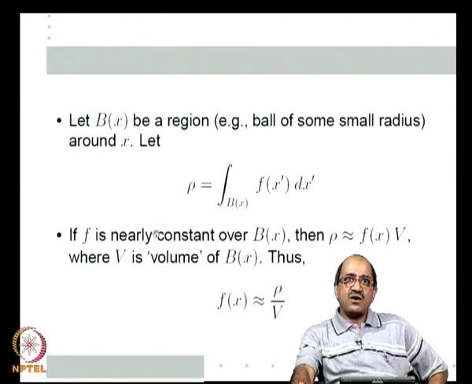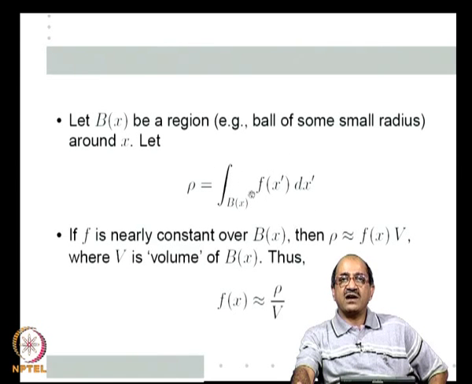If f is nearly constant over b of x, then in this integral I can take the value of f at x prime to be the value at x. We assume x is in b of x because b of x is around x. So, over this region I can approximate f of x prime by f of x. So, rho becomes approximately equal to f of x into the integral of dx prime over b of x, that is nothing but the so-called volume of that region.